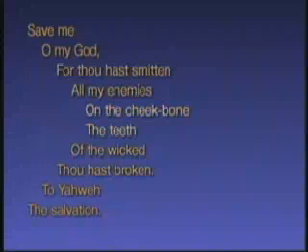And at the center we have the cheekbone, which is being smitten in the first half, which is a grievous insult, but it's nothing quite so injurious as the teeth being broken as you have in the second part. You can see in a structure like this how each element in the first portion has its corresponding element in the second, and how they occur in exactly the opposite order.